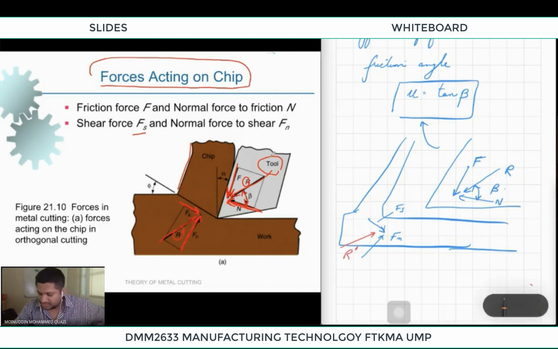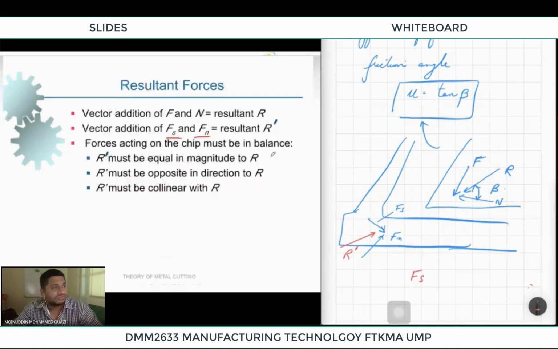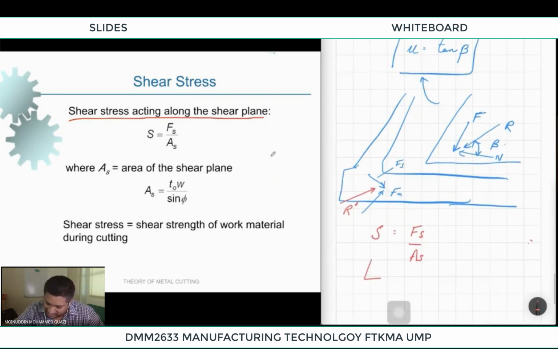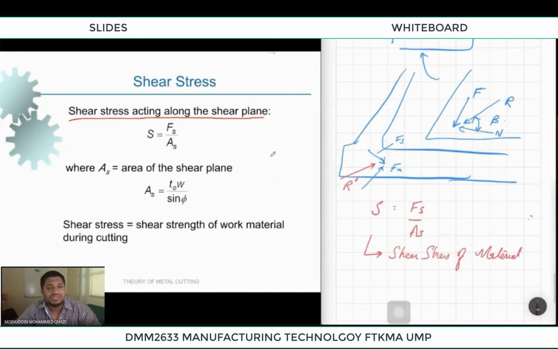To calculate shear force, we have the formula S is equal to Fs over As, where S is the shear stress of the material. Using the shear stress of the material, we can calculate Fs.